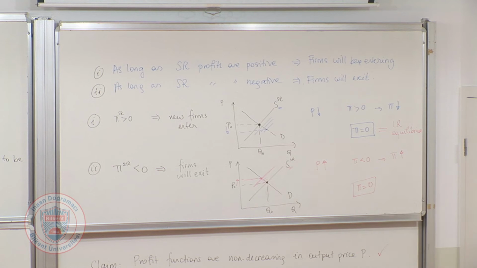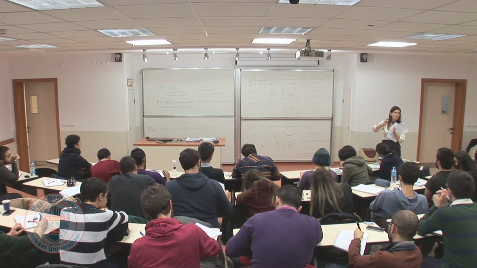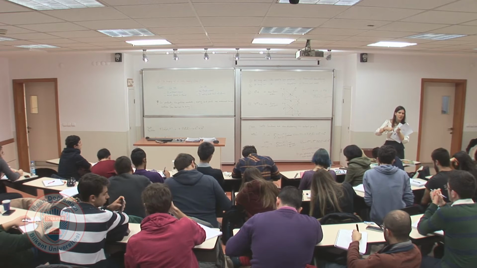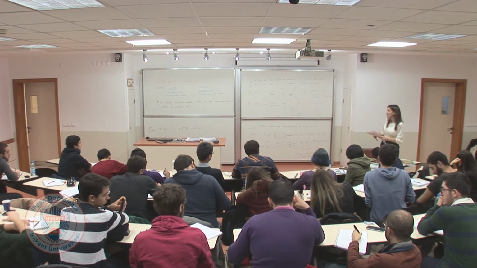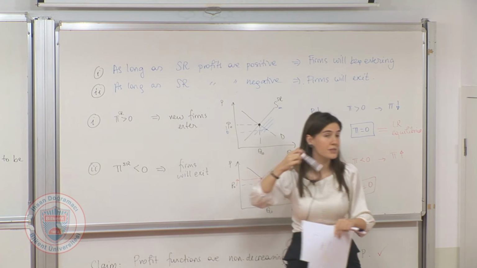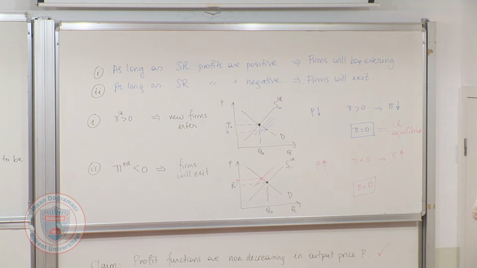Because when profits are zero, there is no incentive to exit or enter, right? So firms are kind of indifferent whether entering or exiting. But when profits are positive, there is incentive to enter. When profits are negative, there's incentive to exit, okay?